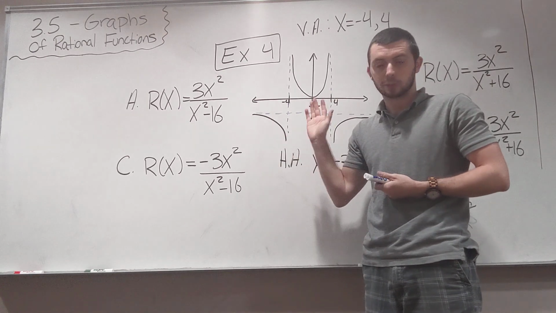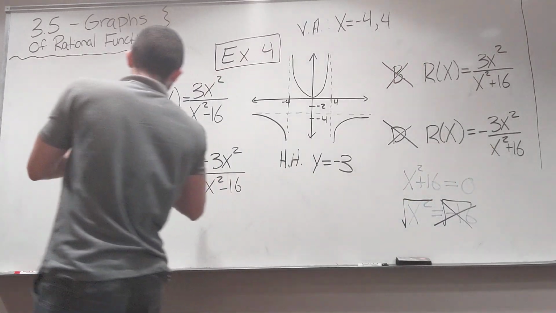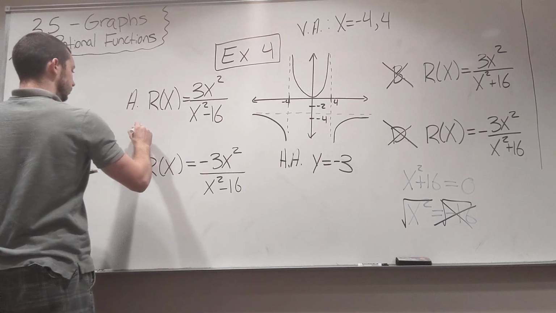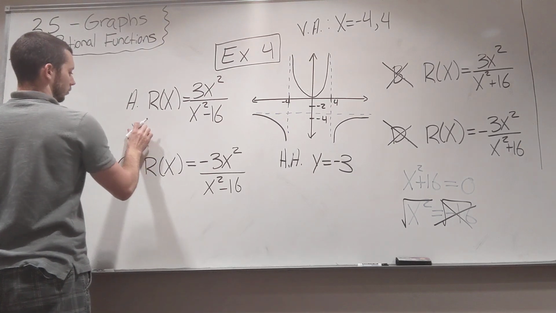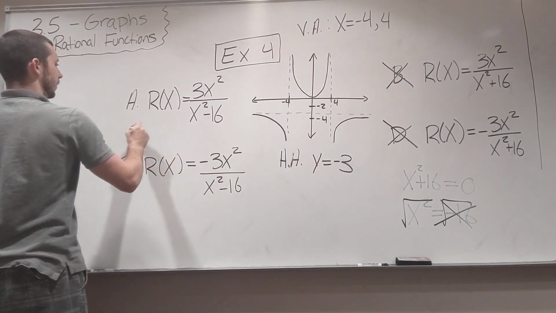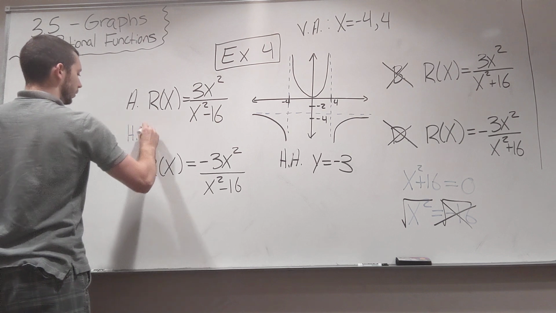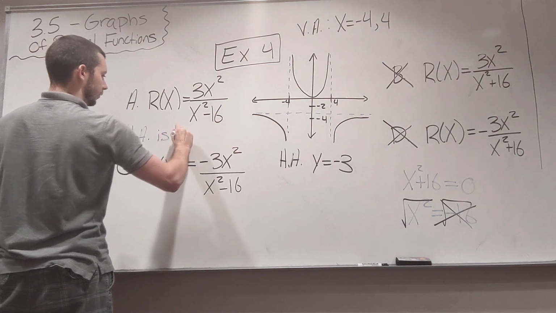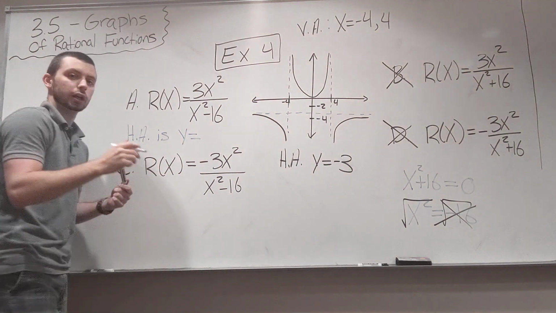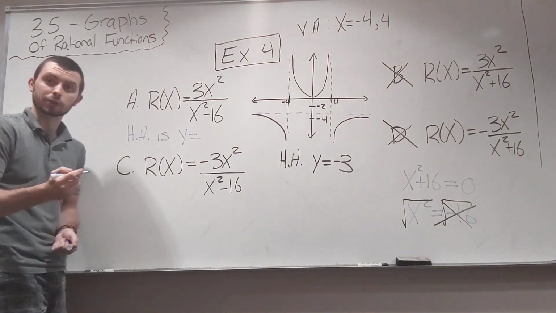And when the degrees are the same, the horizontal asymptote is y equal to the ratio of the leading coefficients.